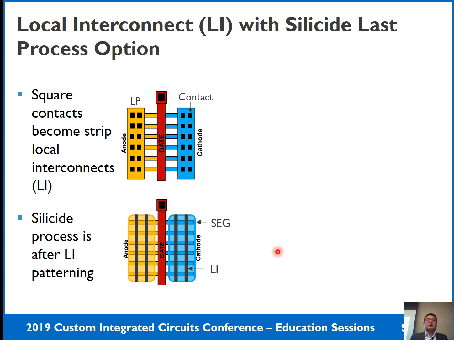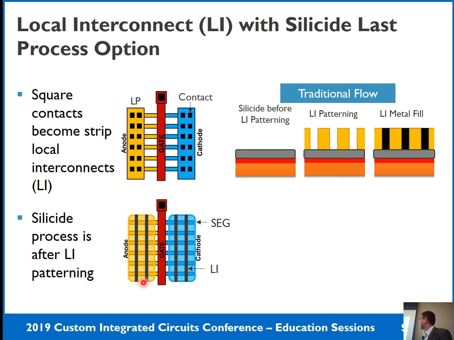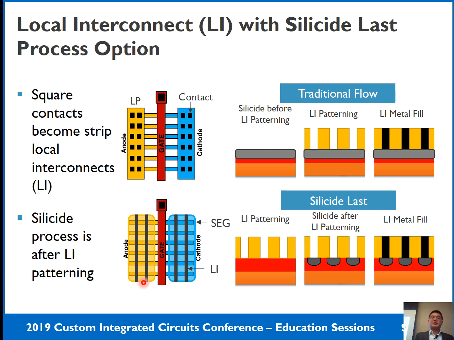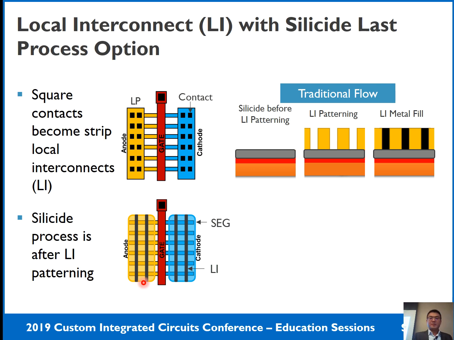Then the third process option is related to the middle of line process. It's the local interconnect with a silicide-less process. The middle of line structure is changed from the square type contact to a stripe type local interconnect. Then the silicide process is also changed. In the traditional process, the silicide is formed before the contact patterning or local interconnect patterning.